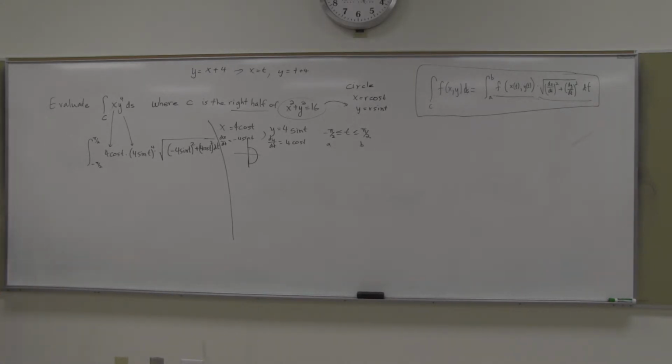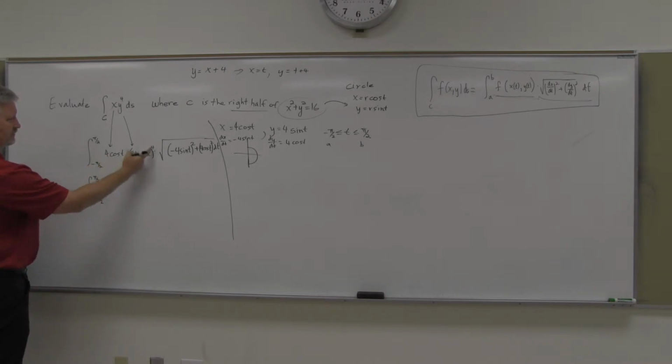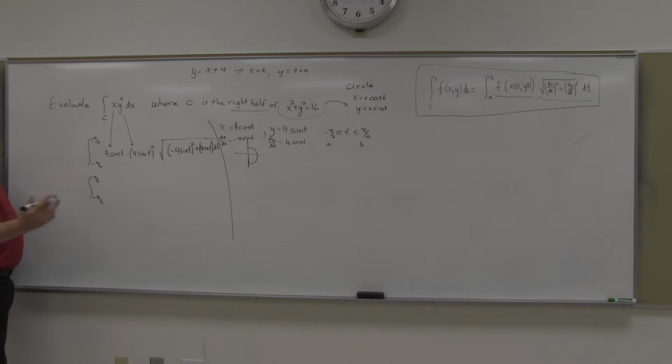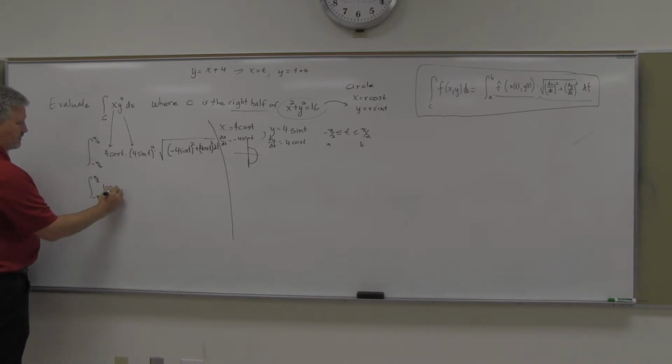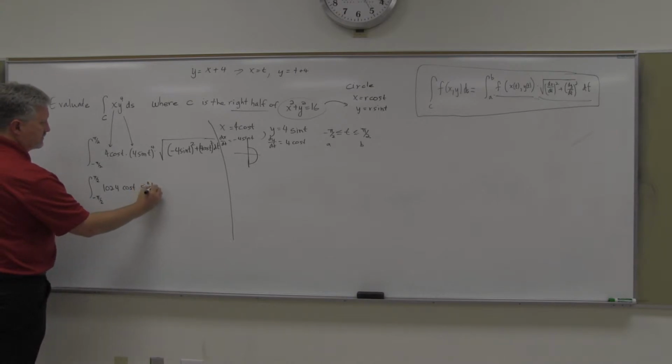so then it's just a matter of evaluating. The good news here is it's just a single integral. If that is any good news, I guess. But all right, so what do we got here? Negative pi over 2 to positive pi over 2. Let's see, basically I have 4 times 4 to the 4th, that's 4 to the 5th, which is 1024, cosine t sine to the 4th t.